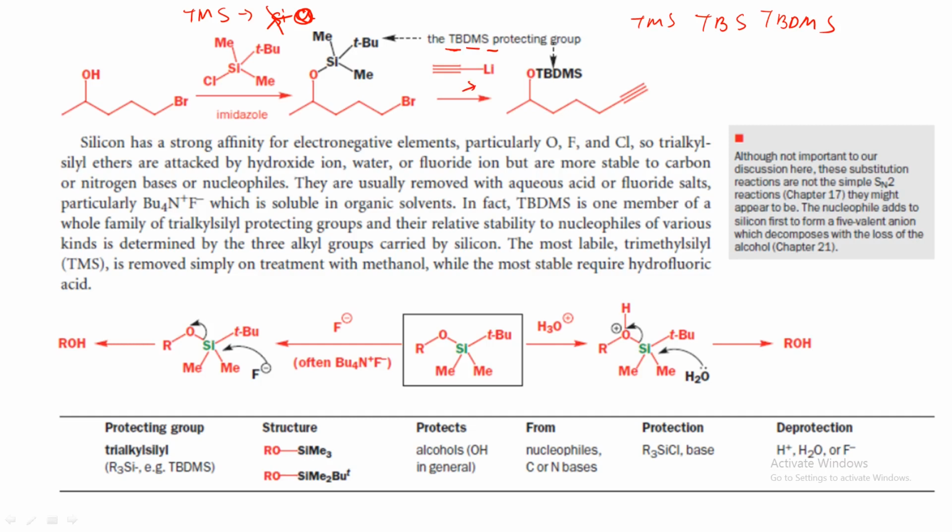So if OH is present, what would be happening? This lithium species and this H plus. At first, this lithium would abstract a proton from here, and it would become polylithiated, and this lithium reagent would be quenched. So that's why we need to protect this kind of molecules.